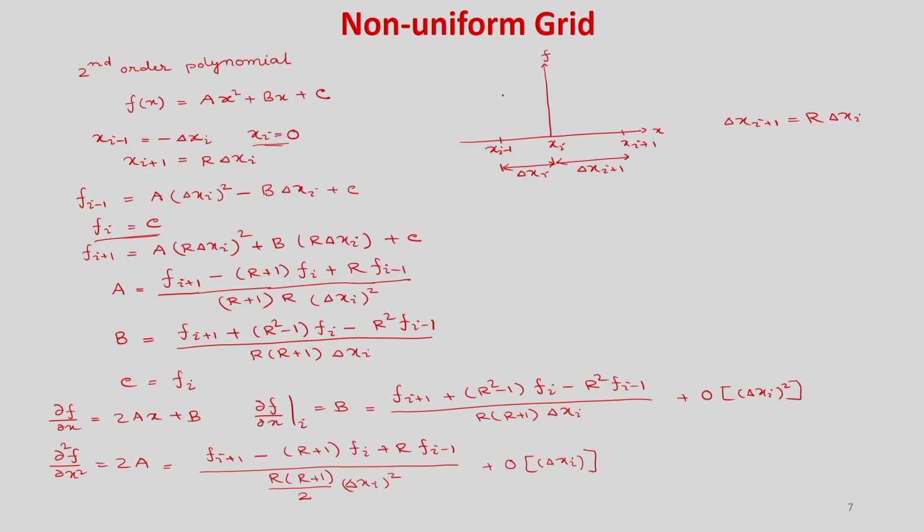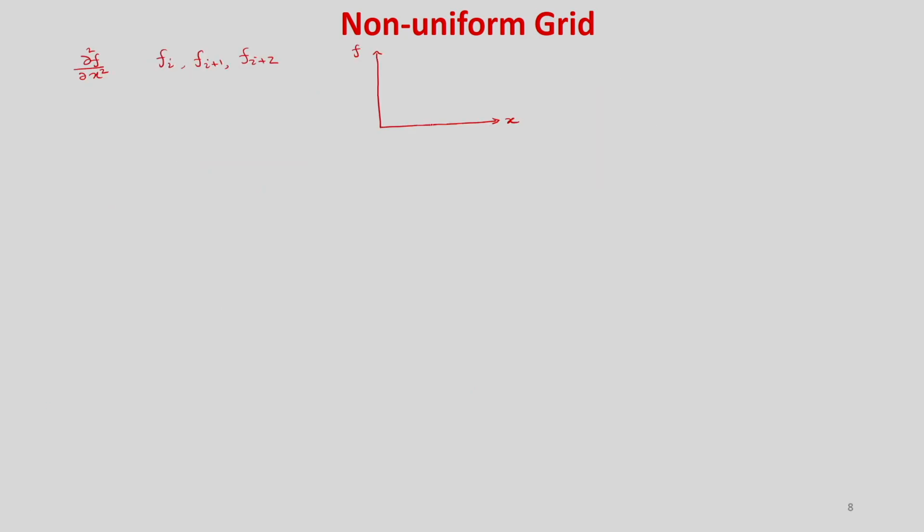Okay. So, the origin we will take here, x is 0 here and this is your f. Okay. So, this variation may be something like this, you can show. This is your f i, this is your f i minus 1 and this is your f i plus 1. Okay. So, the value at point x i is f i, at x i plus 1 is f i plus 1, and at x i minus 1 is f i minus 1. And here we will take the origin here. So, it will be x i, this will be x i plus 1 and this is your x i plus 2.